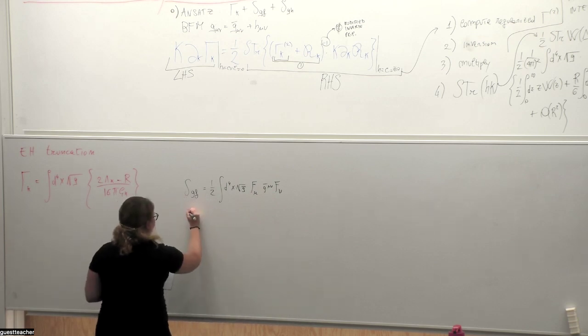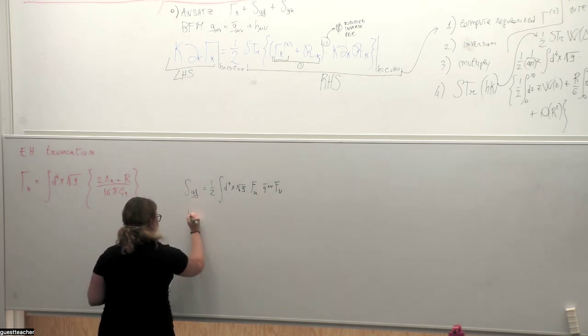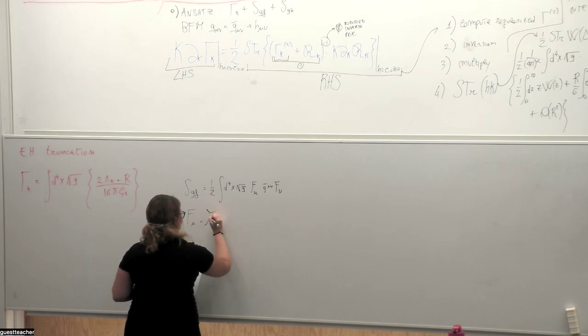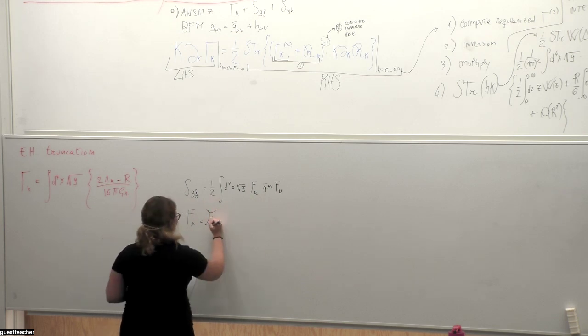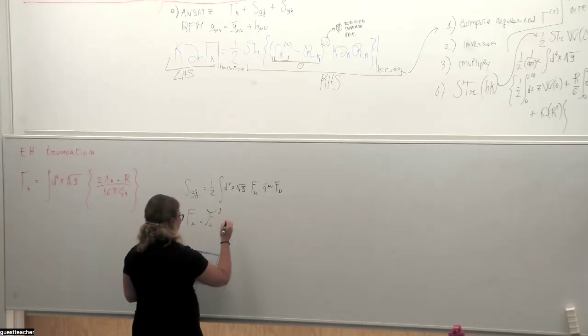And these, let me now just do this properly. This should be calligraphic F_μ. I don't know how to call this. It's like a calligraphic, okay?